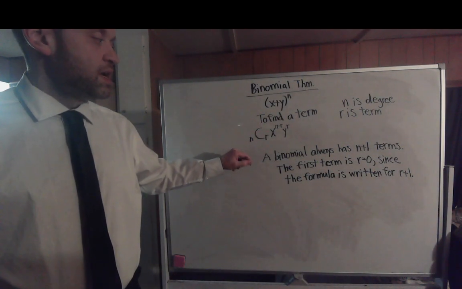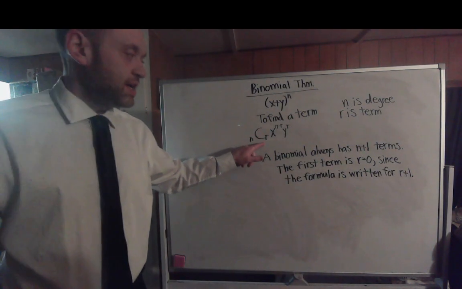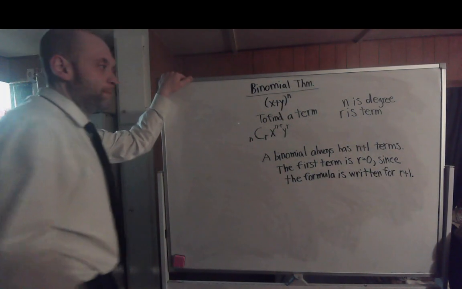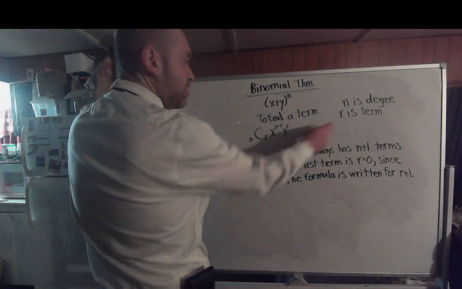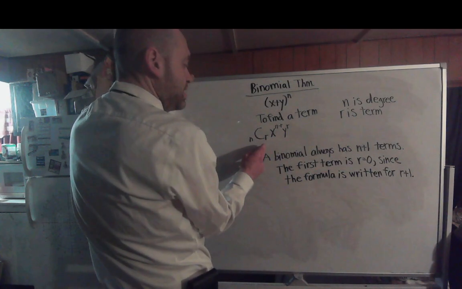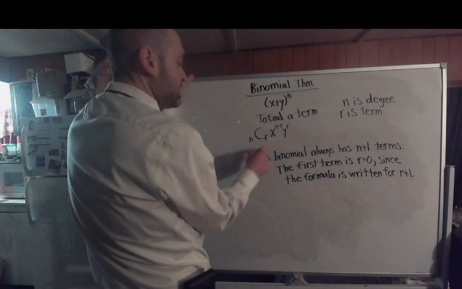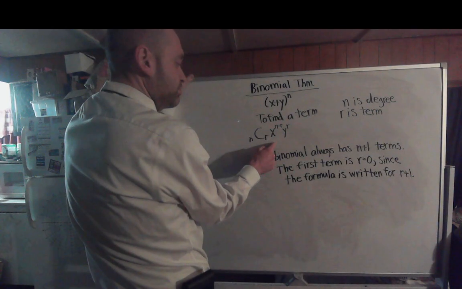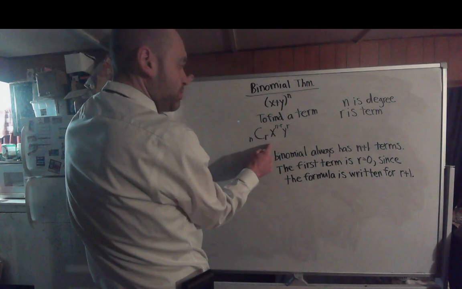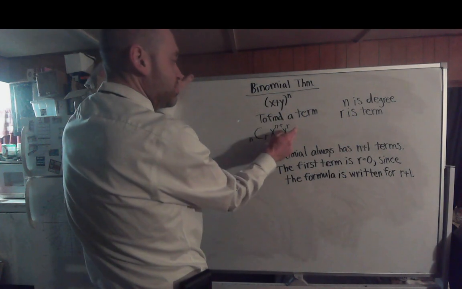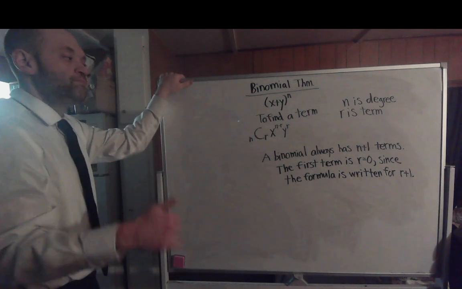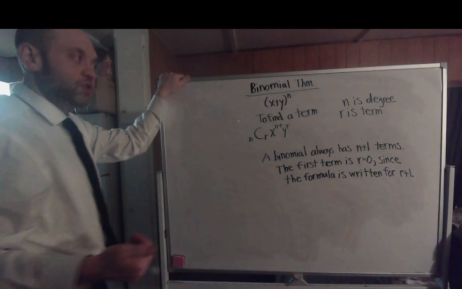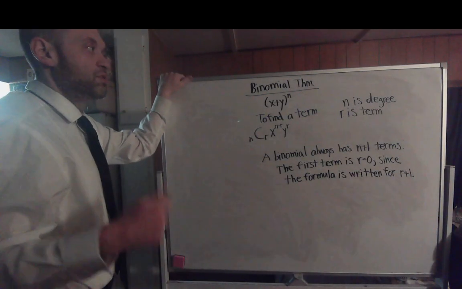You'll have the combination of n things r at a time. So n is the degree, r is the term you're on. You'll take that combination times the first term of your binomial to the n minus r power times the second term of your binomial to the r power. All that will give you the term that you seek for the binomial.